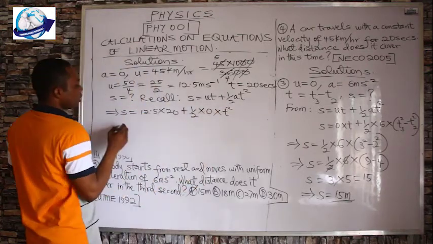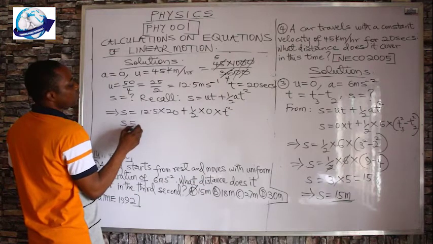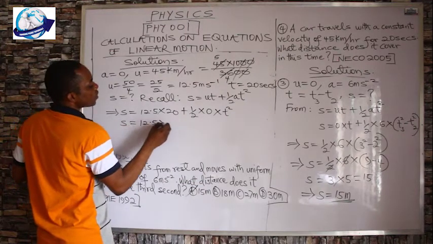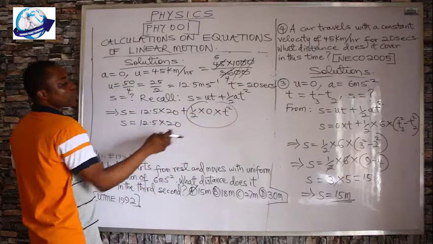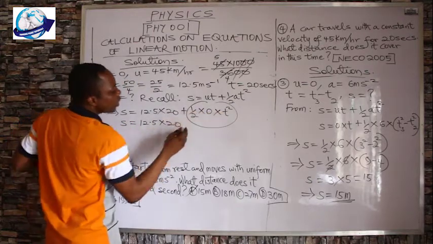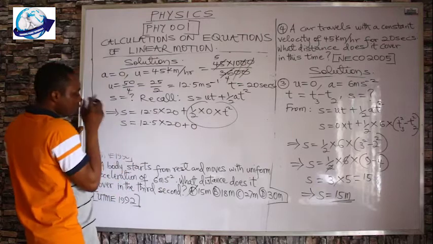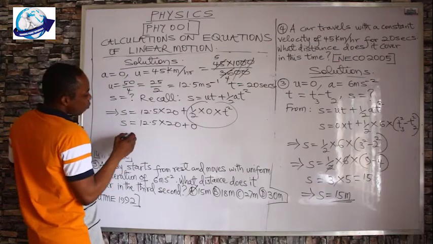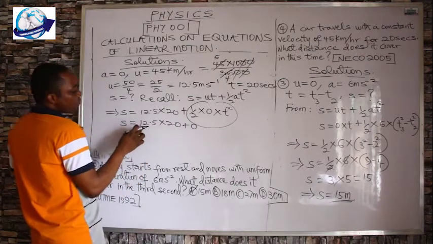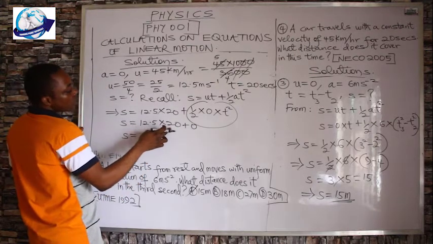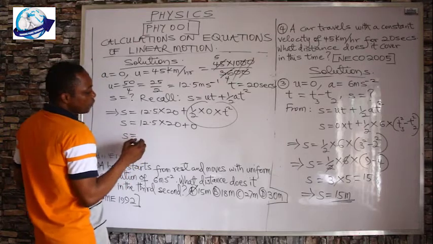So at the end of the day, distance is going to be 12.5 times 20. Everything here ends up becoming 0 because the 0 is here. 0 times this and times this, 0. So at the end of everything, distance is equal to 12.5 times 20. That gives me 250.